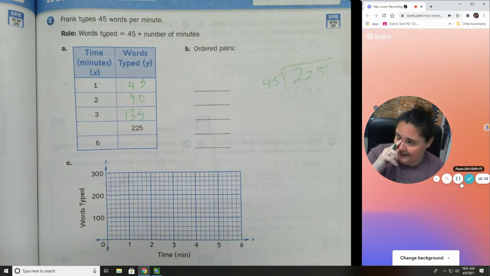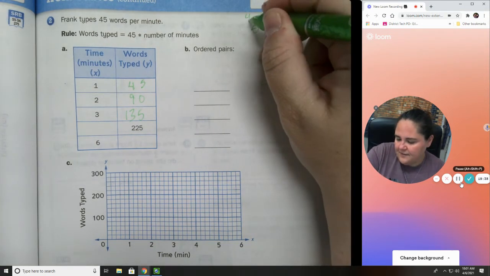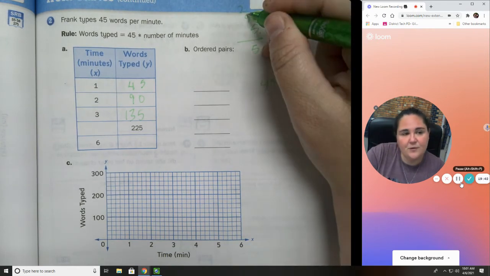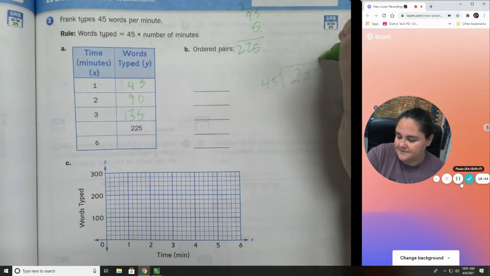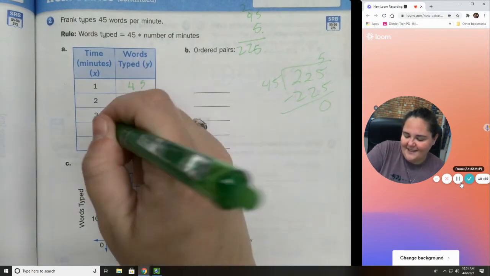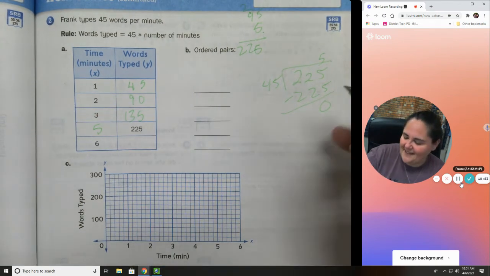Well, let's try 5. 5 times 45. I know 5 times 5 is 25. Carry my 2. 5 times 4 is 20 plus 2 is 22. So my answer would be 5.